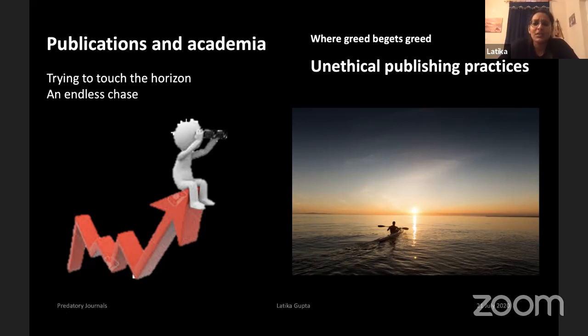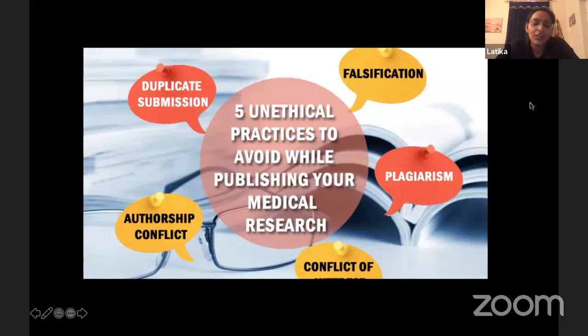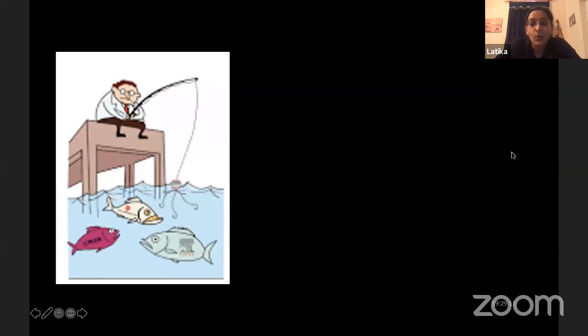We need to prevent ourselves from getting to a state where greed begets greed and we resort to unethical publishing practices. While you would be familiar with some of these unethical practices, like falsification, plagiarism, conflict of interest, authorship, which we just talked about, not all of them will be as obvious as they seem.